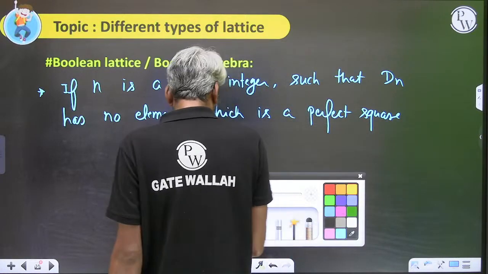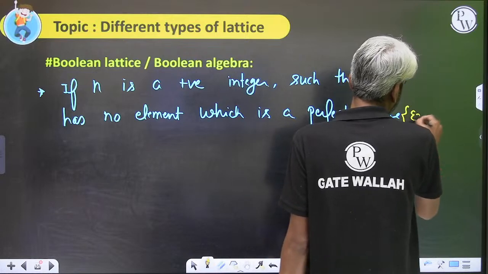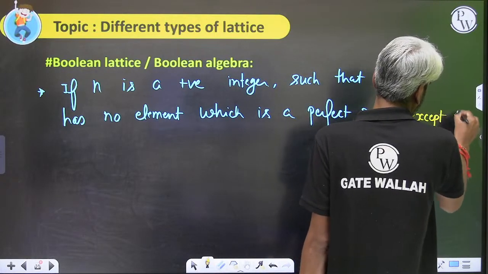Obviously, in the set Dn, 1 is also present, so we are not including 1, except 1.